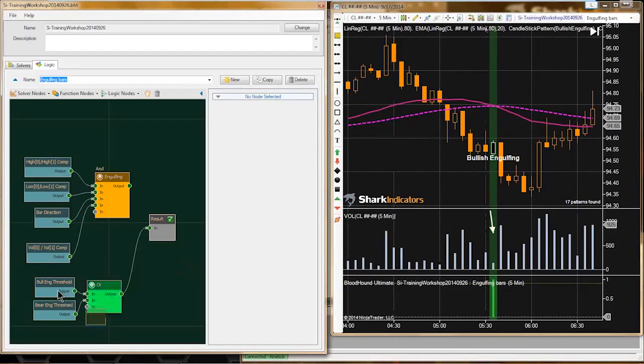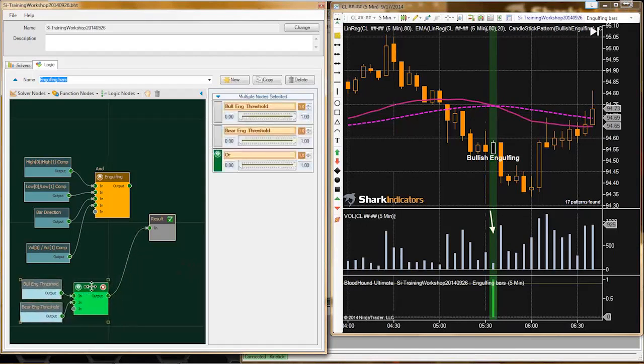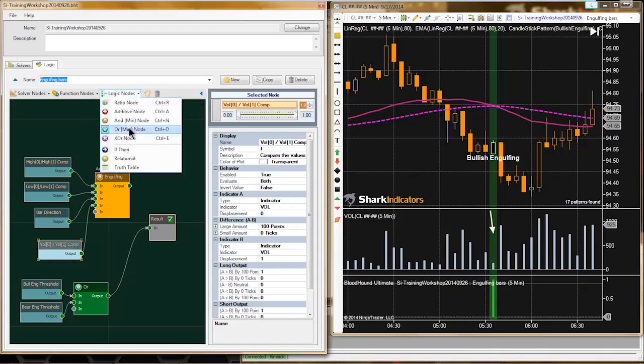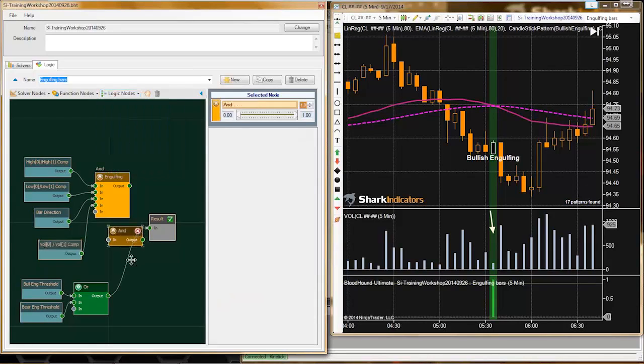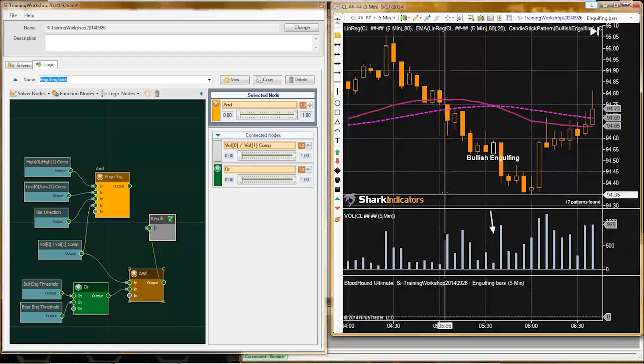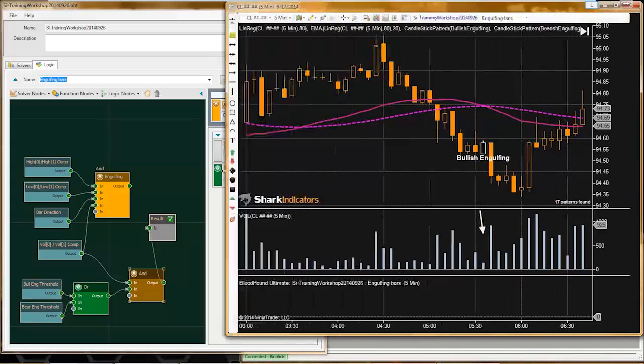So if we want to use our volume requirement, we just need to grab an AND node, connect our volume into the AND node, connect the OR node in, and there we go.